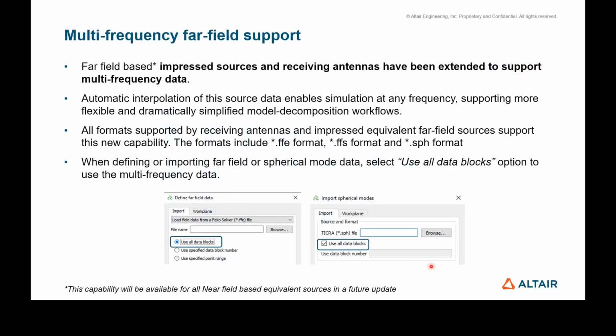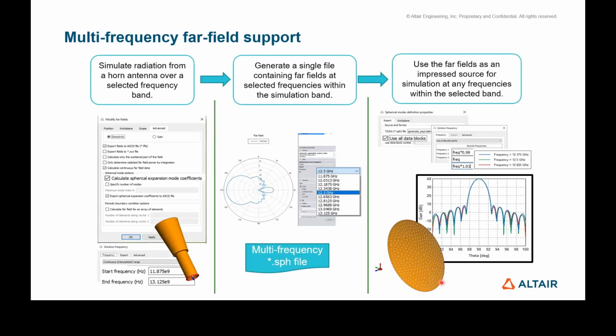And this is another one we recently introduced, where when we have a far field request and that is used as a source, in the past, you had to use the same frequencies that you had chosen when you exported your far field as your sources. Now what we have done is use this to interpolate between those far fields.